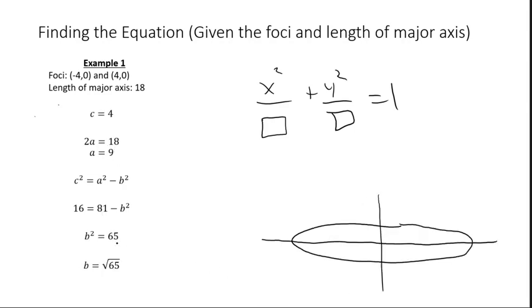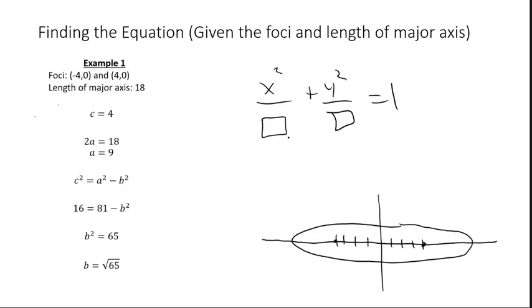So we see that typed up down here. And now the foci, we said, are at negative 4, 0 and 4, 0, here and over here. Because we know that information, we know that the major axis is going to be horizontal like this. So what that means is that the x squared term is going to have the larger number.